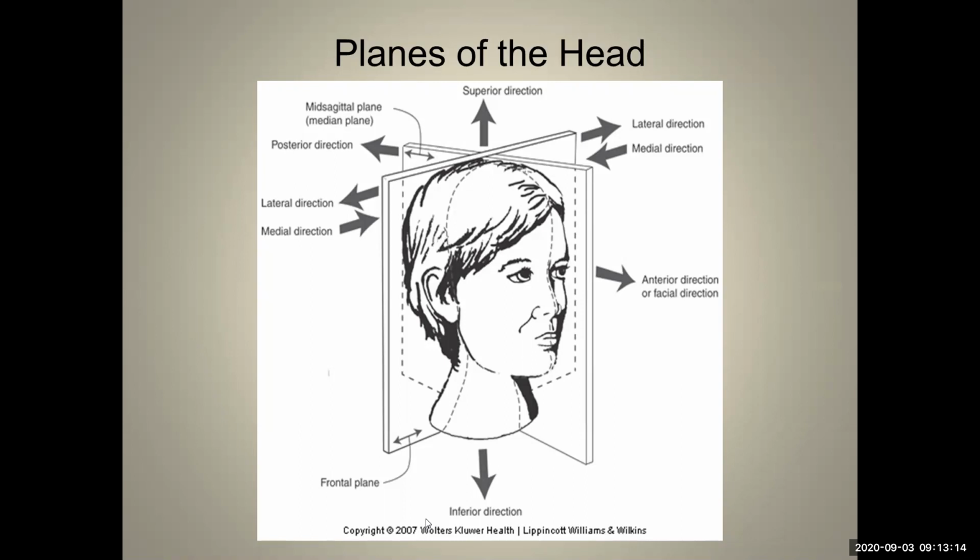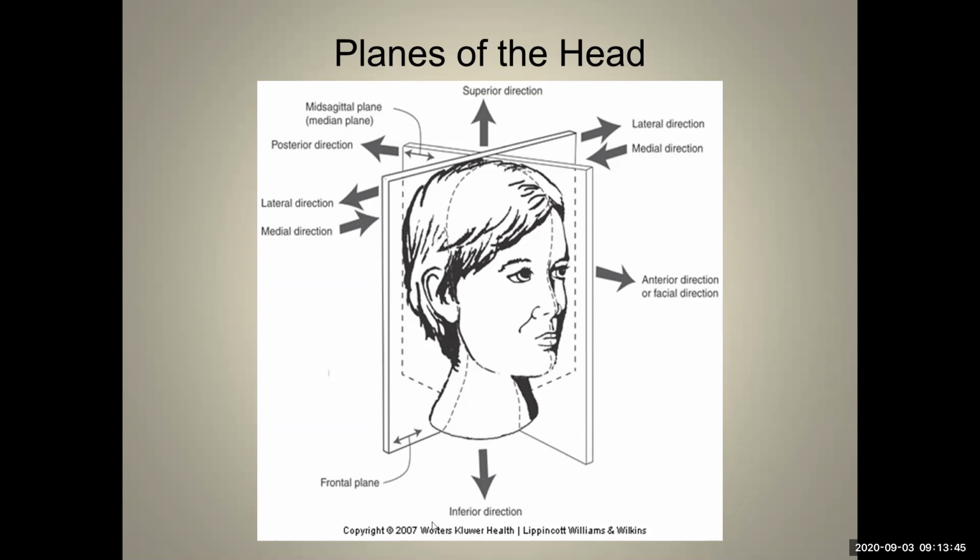That's the midline. Then you have anterior, which is towards your nose or the facial direction towards the front of you, and posterior, which is towards the back of you. So you need to know the terms superior, inferior, anterior, posterior, lateral, and medial.